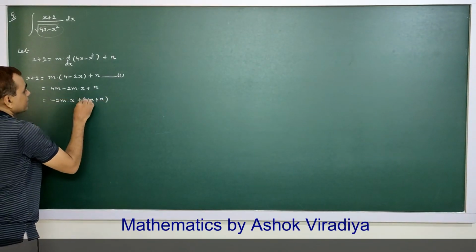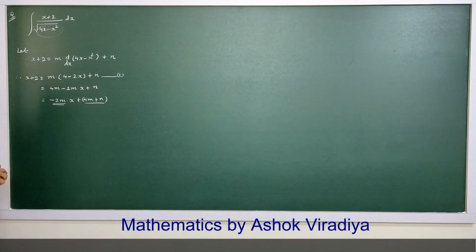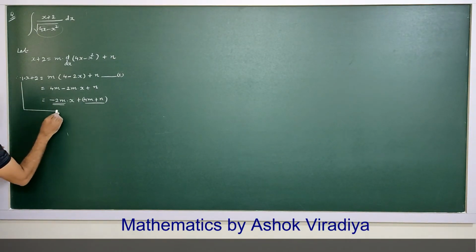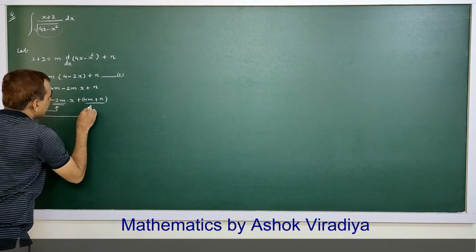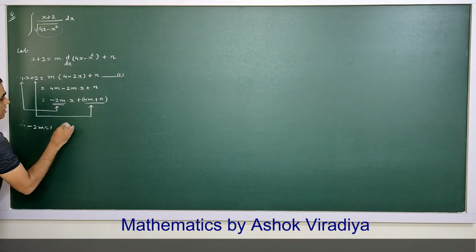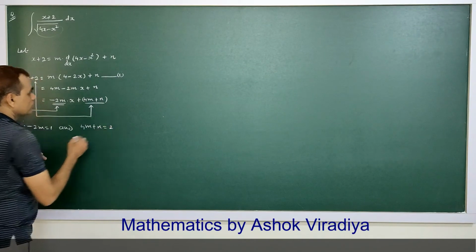This is the coefficient of x. Now comparing both sides, the coefficient of x is 1, so 1 equals minus 2m, and 2 equals 4m plus n. Therefore minus 2m is 1 and 4m plus n is equal to 2.